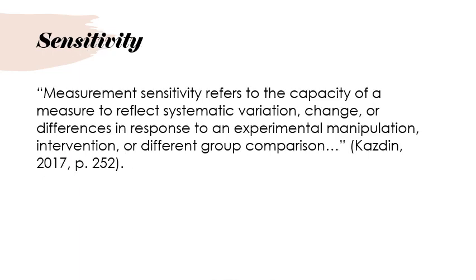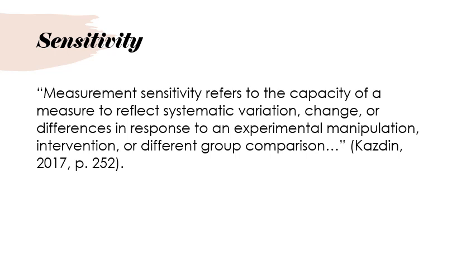So, sensitivity. Each measure that we have has a level of sensitivity to it. Kazdin in 2016, his definition of it was: measurement sensitivity refers to the capacity of a measure to reflect systematic variation, change, or differences in response to an experimental manipulation, intervention, or different group comparison.